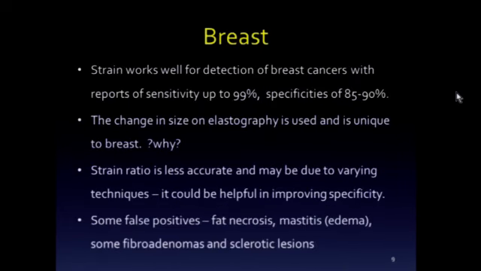If we look at breast, strain works very well for detection of breast cancers, with reported sensitivities of up to 99% and specificities in the range of 85 to 90%. The change in size on elastography, with malignant lesions being larger and benign lesions being smaller, is very helpful in characterization of breast masses and is very unique to breast.